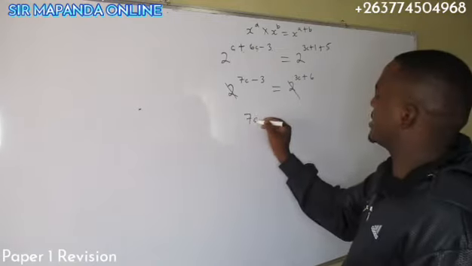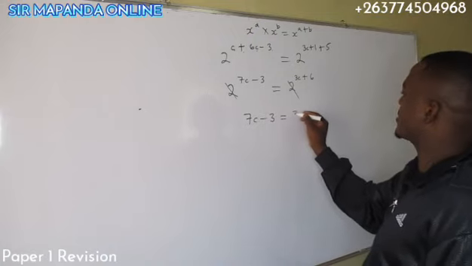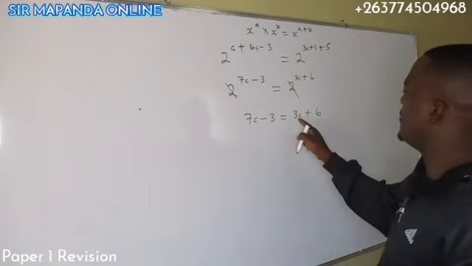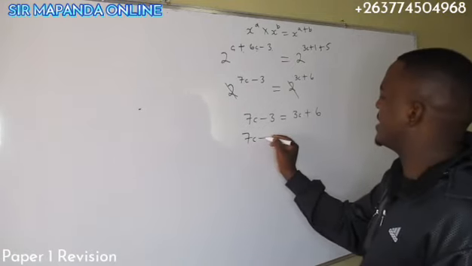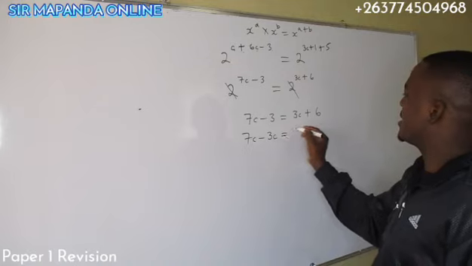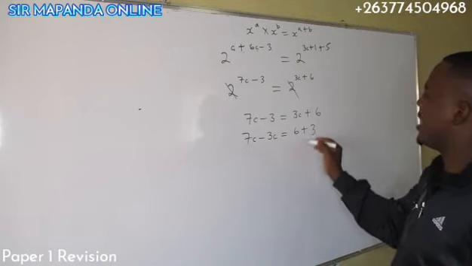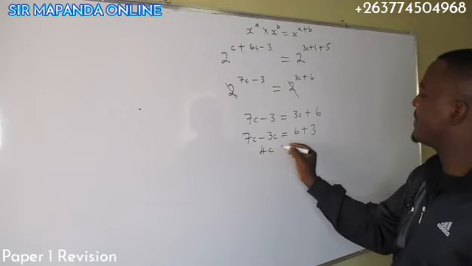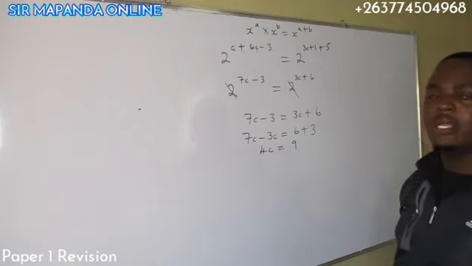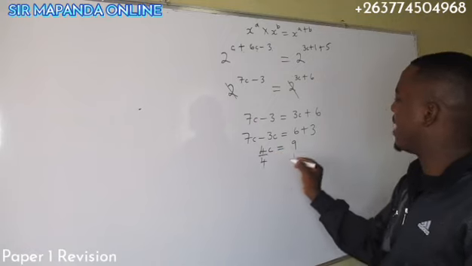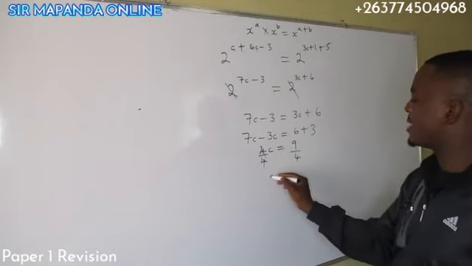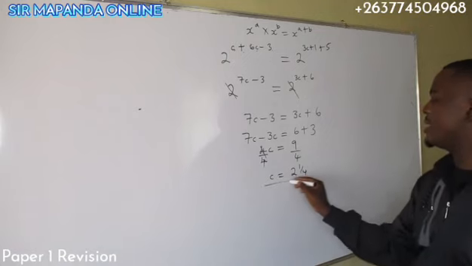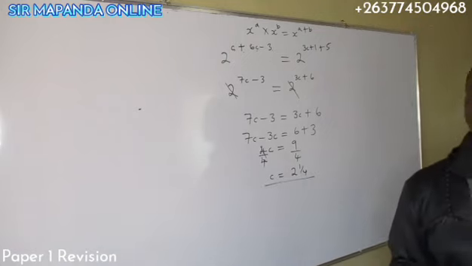You have 7c minus 3 is equals to 3c plus 6. So move 3c to the left, you get 7c minus 3c is equals to 6 plus 3. It gives you 4c is equals to 9. Then you divide both sides by 4. So what is 4 into 9? You get 2, remainder 1 over 4, and this is your final answer.